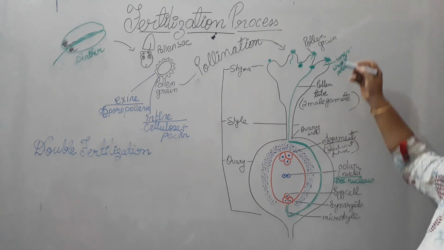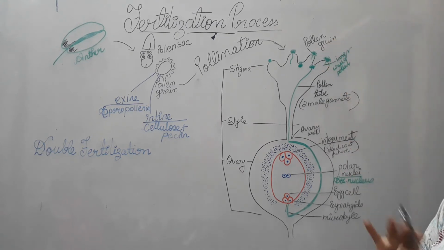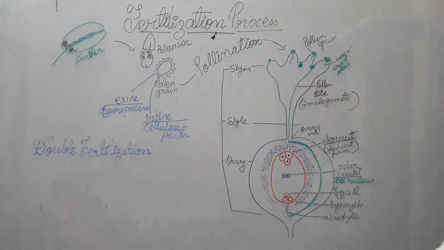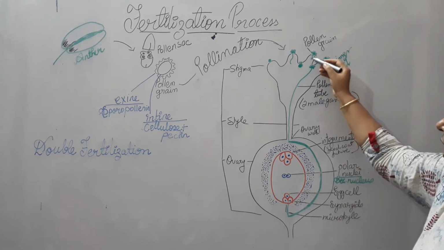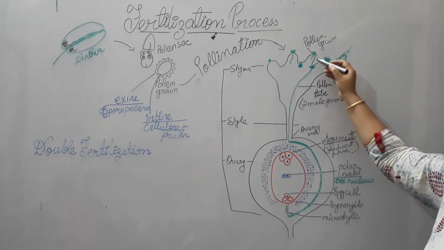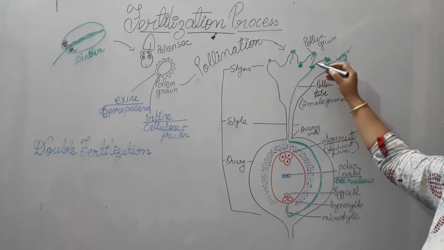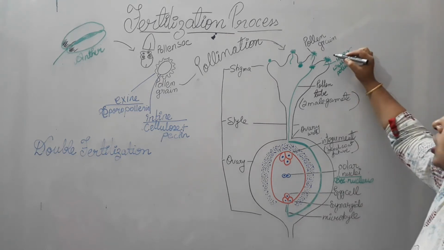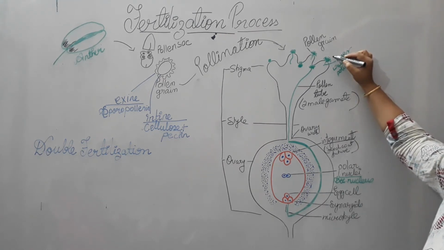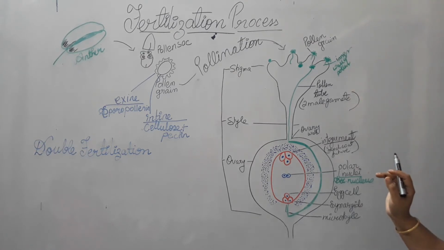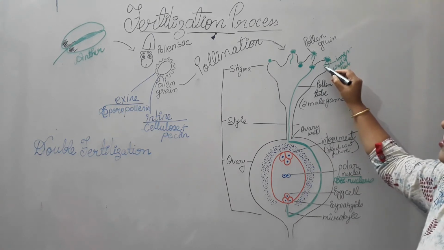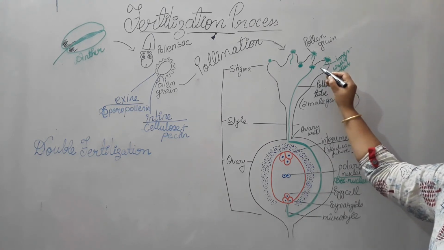Okay, so if the pollen-pistil interaction has happened and the pollen has been accepted by the stigma, the pollen's inner wall will start increasing in length downward and make a structure which is called a pollen tube.